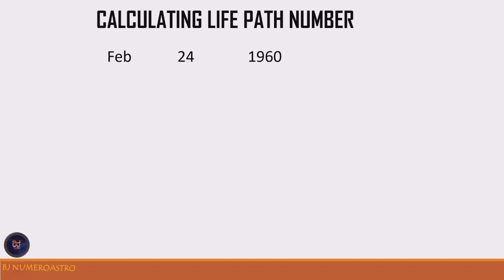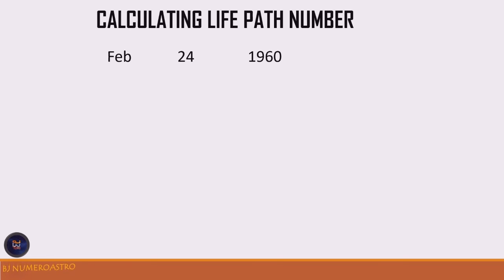So the first thing we write is the person's month of birth, either our own or maybe when we want to calculate for someone. After month of birth, the next one is day of birth, and the last one is year of birth.